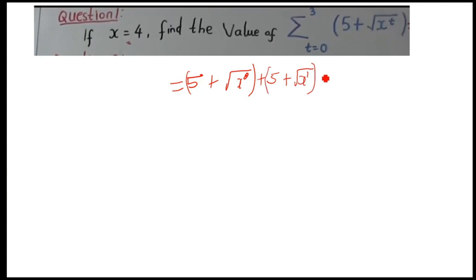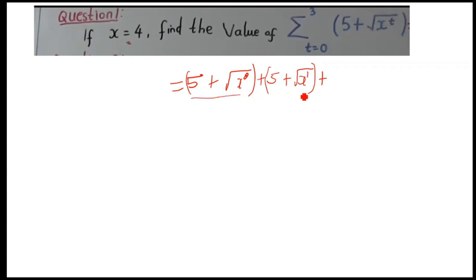So you're writing the full formula. The common error that you can quickly make in a question like this is that you only write 5 once, and only have plus x to the power 0 plus x to the power 1. So you write the full thing as it is. As I've done here, the 5 is here, you write the full formula.